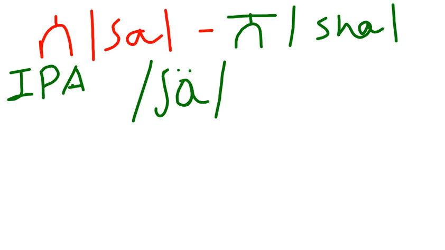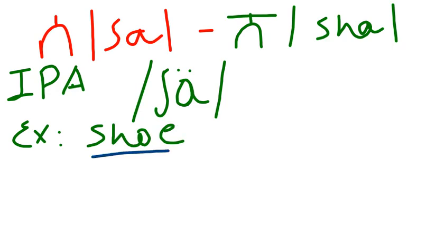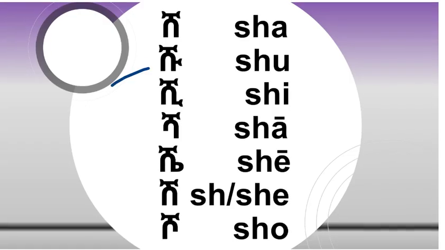In English, a sound equivalent we have, as an example, is Shu. This is the second variant of the Sha family, Shu.